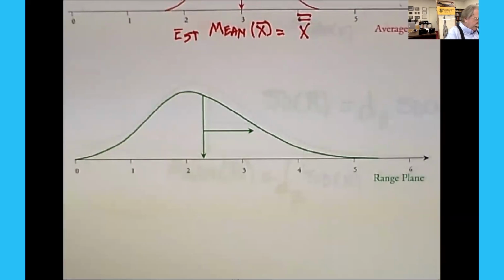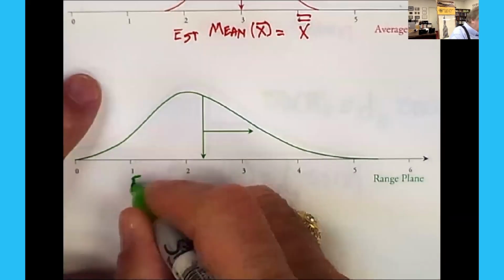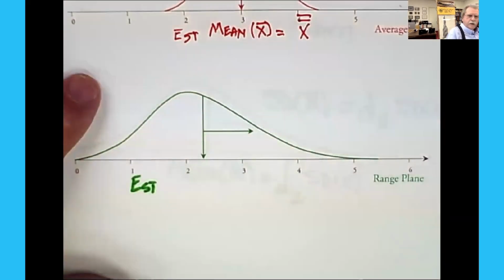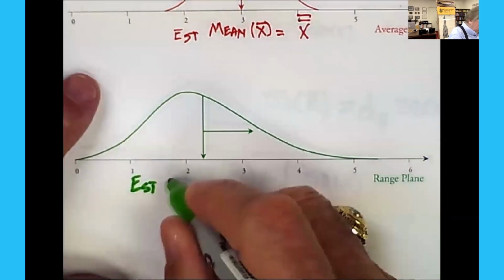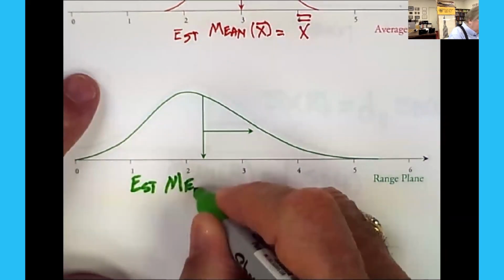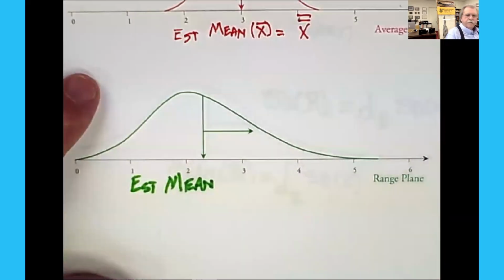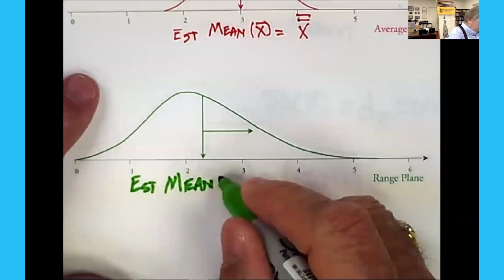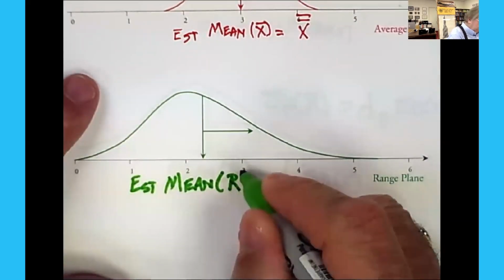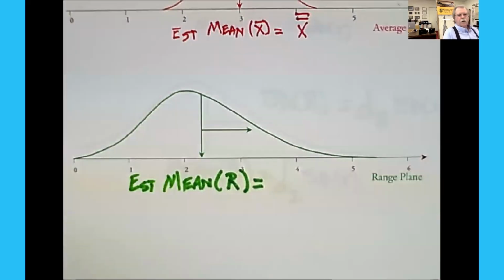We need to estimate the mean of the distribution of the ranges. What statistic comes to mind?